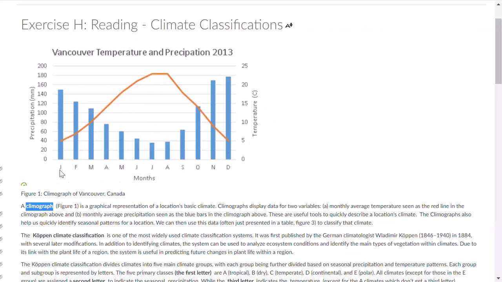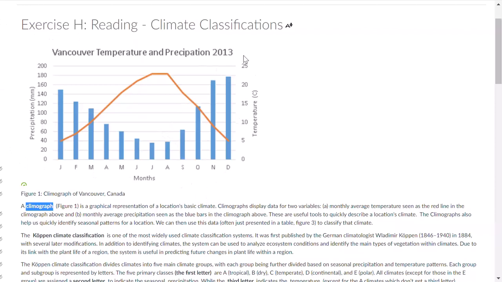Starting with January, February, March, April, and so forth. And so this type of climograph is going to help, again, to display the type of climate or weather patterns that we are witnessing and seeing happening in a location over the course of a year.